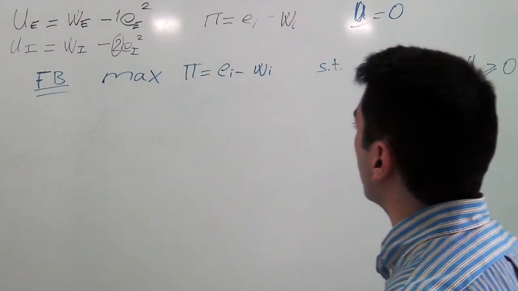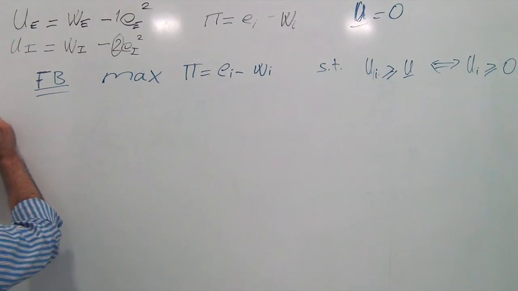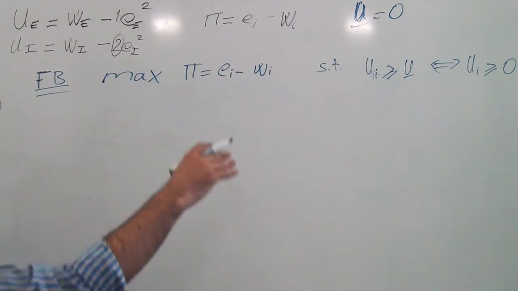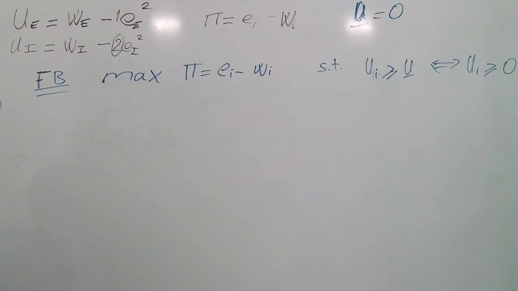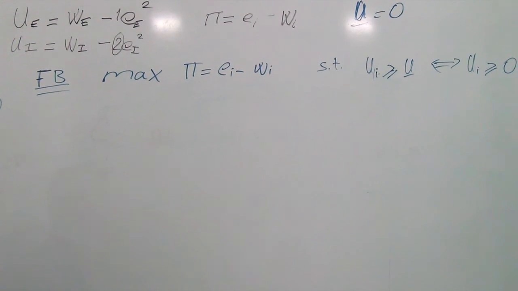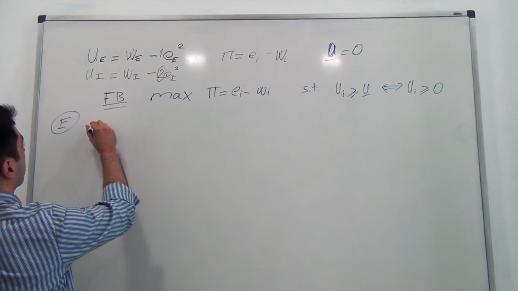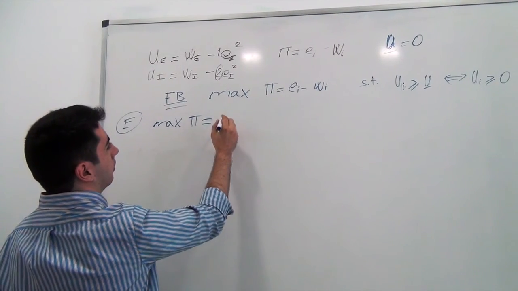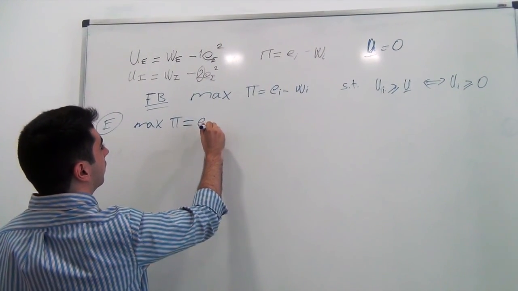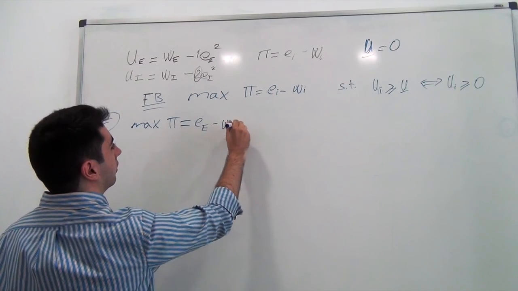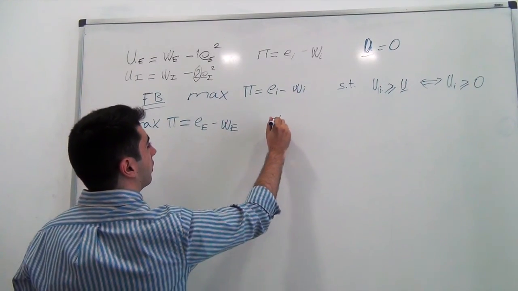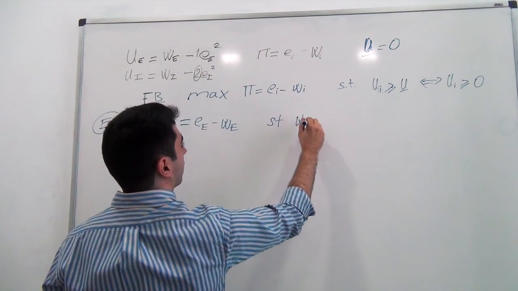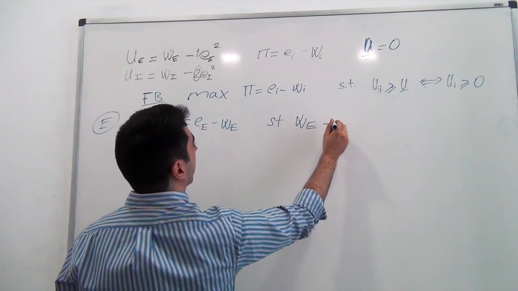For each type of agent. So in particular, we are focusing on the efficient type now. That is what happens when the principal faces an efficient type and wants him to participate, to take part in this transaction. Basically, it is subject to this.